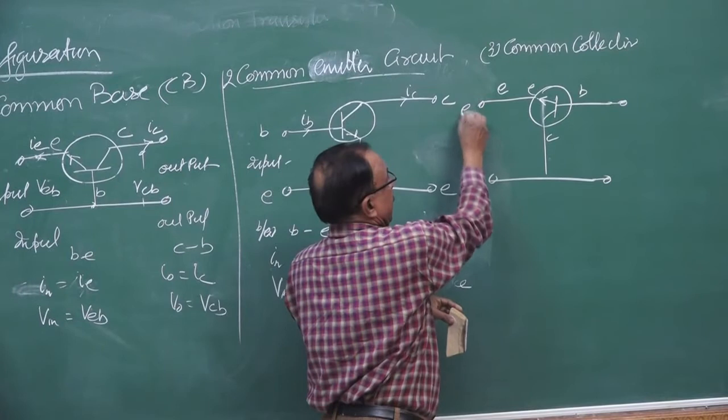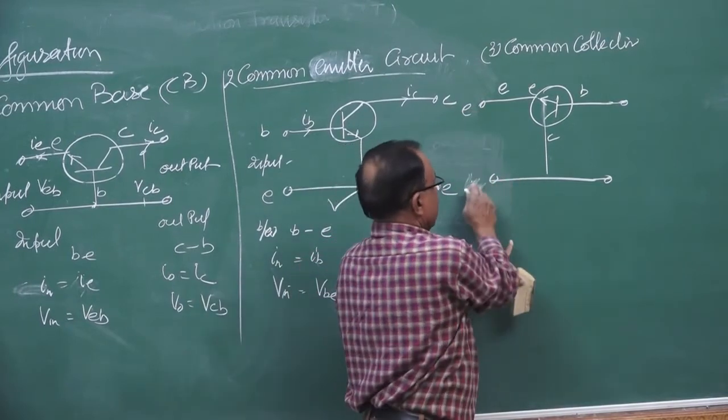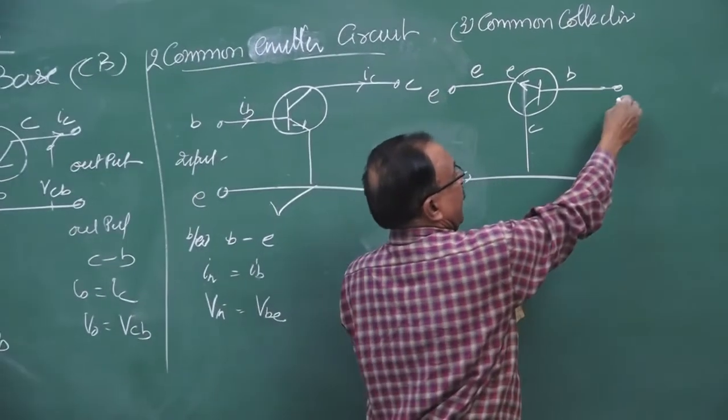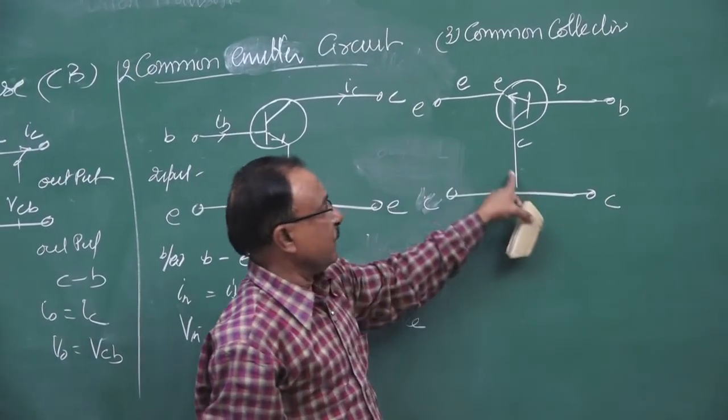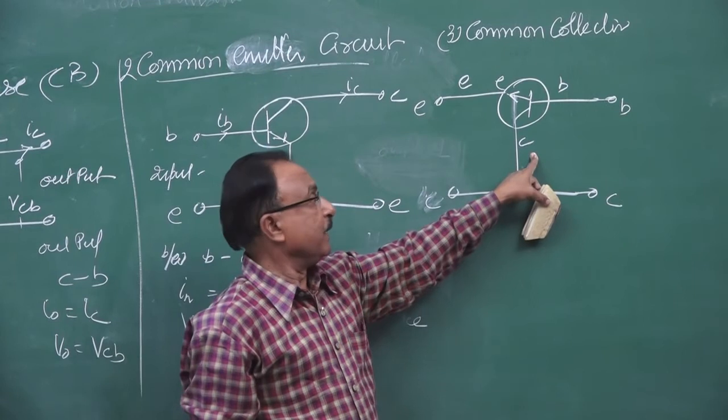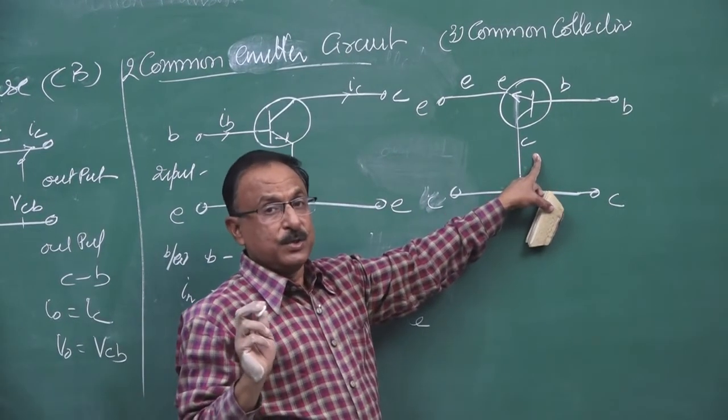Input is between emitter and collector, and output is between base and collector. So the collector is made common with both emitter and base. We call it common collector. It is a very rarely used circuit.